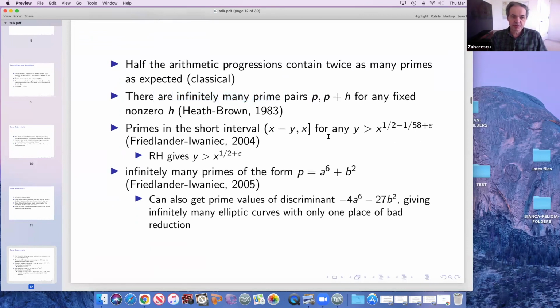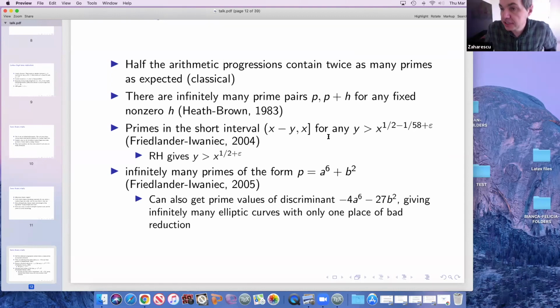Okay, another type of result, Friedlander-Iwaniec in 2004. If you assume the existence of a good enough or strong enough Landau-Siegel zero, then they can show that in a certain range, you can find prime numbers in intervals that are short.